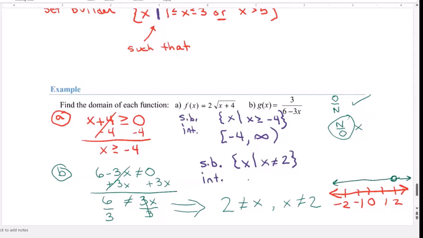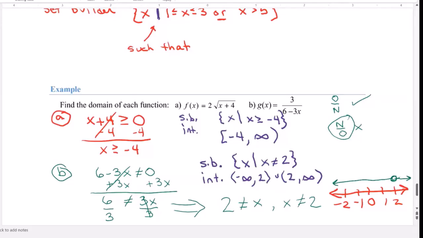And now, if you were to actually draw the number line, it would be much easier to see that I'm going to go from negative infinity, and remember, infinities always get parentheses, all the way up to 2, but I'm not going to include 2. But I'm going to start again right past 2 and go to positive infinity. So that would be the domain of B.